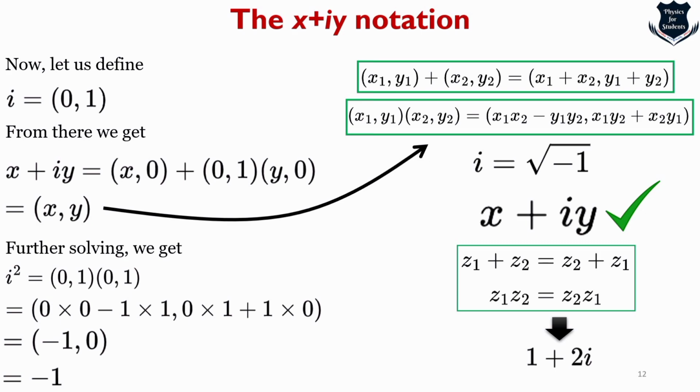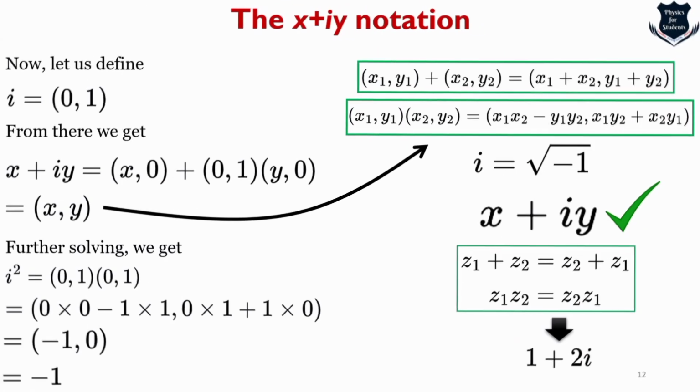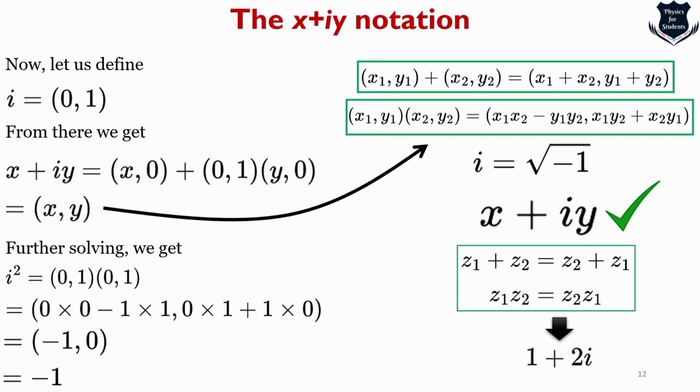That is why there is a tick for 1 plus 2i rather than 1 plus i2. I mean to say both of them are correct, but it's a question of which one looks more favorable in terms of mathematical calculations.